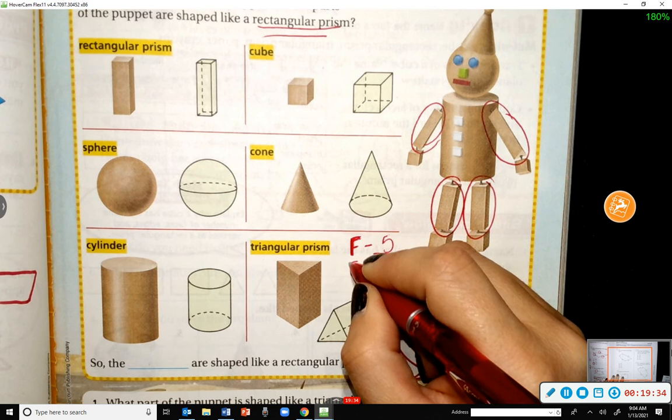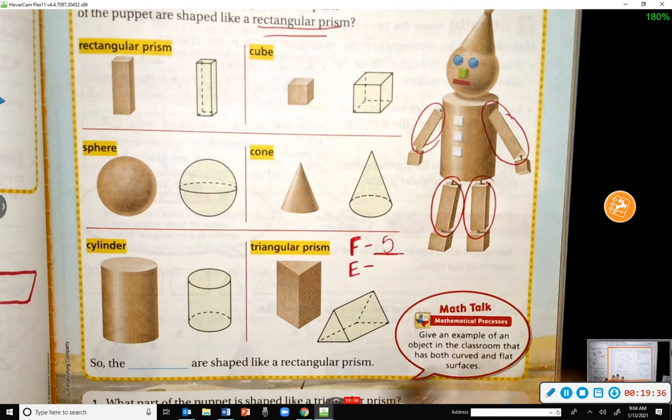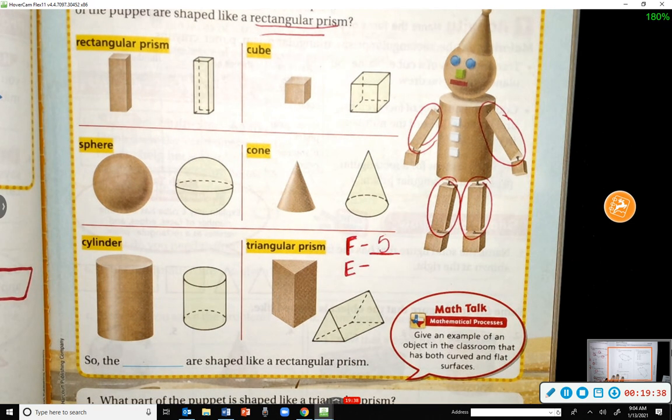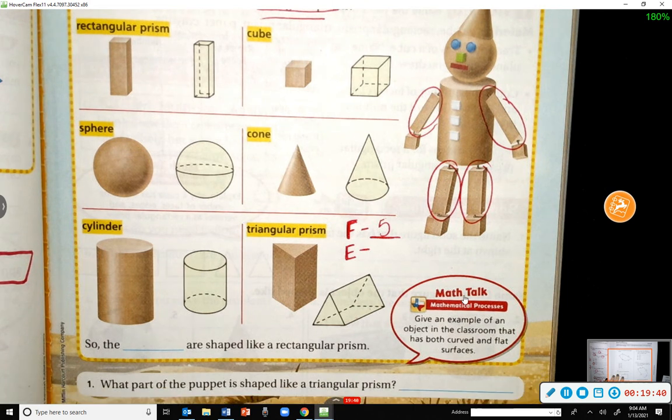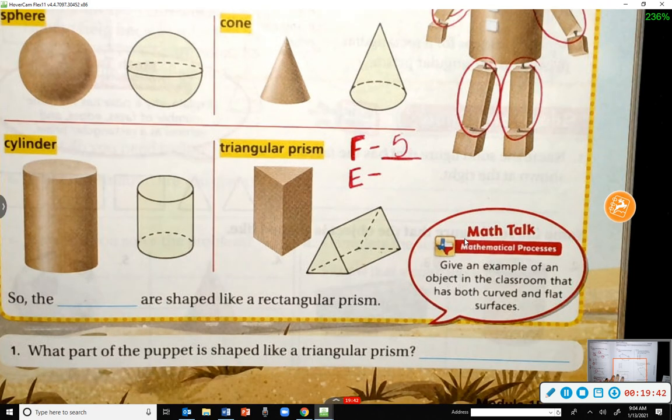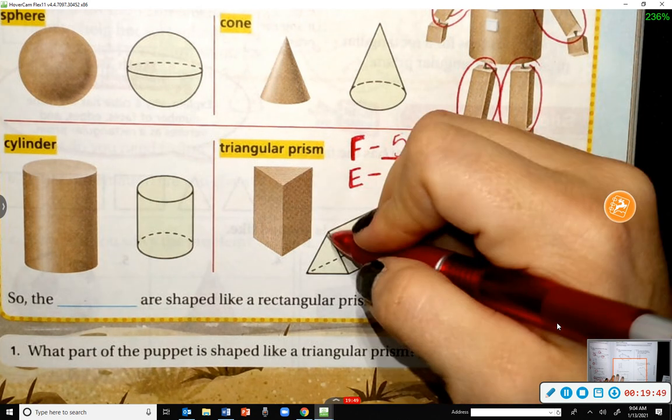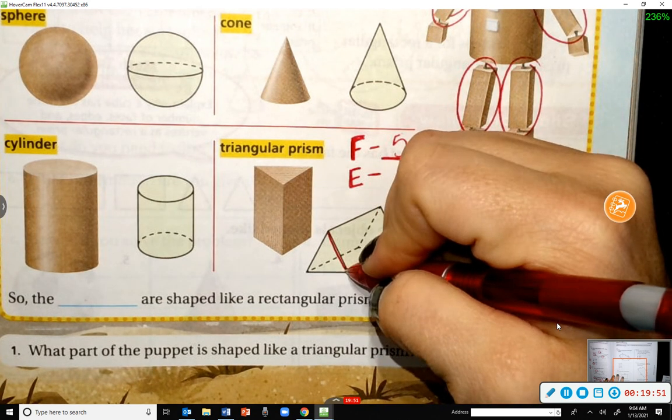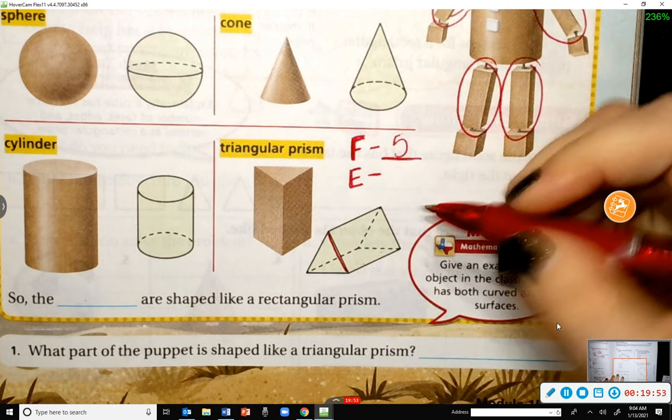Now let's count the edges. So if I'm going to count edges of this shape, what would I need to do? Count the black parts. Count the lines. Good, the black lines. So I like to trace or at least go right next to it so I can see my pen and count.